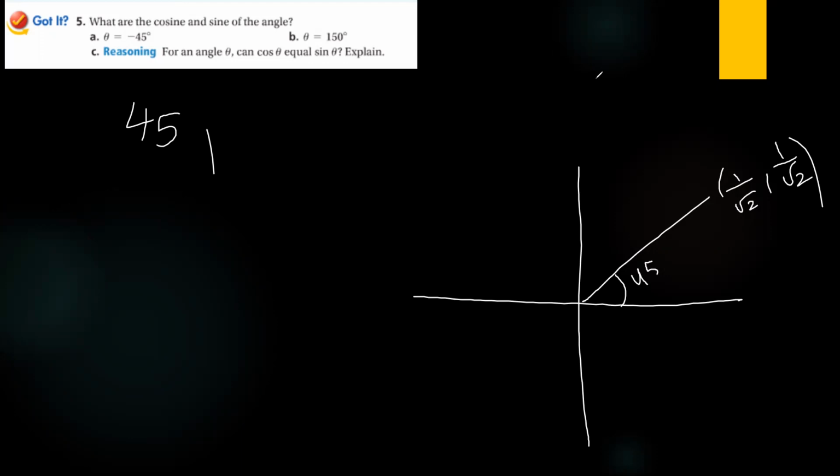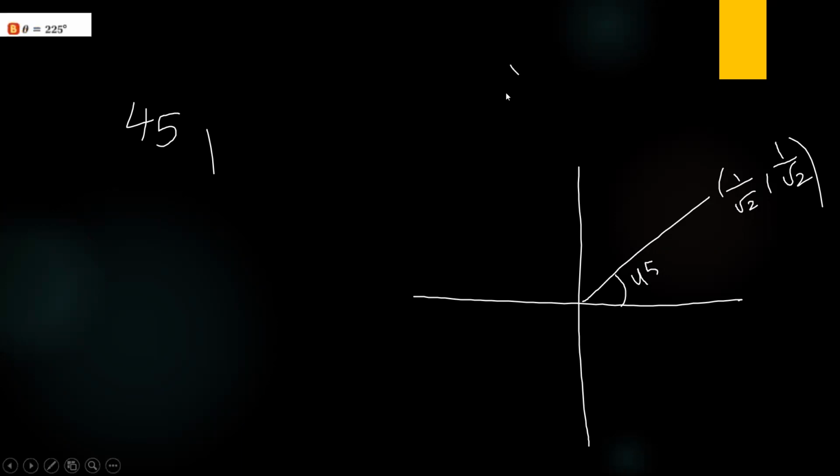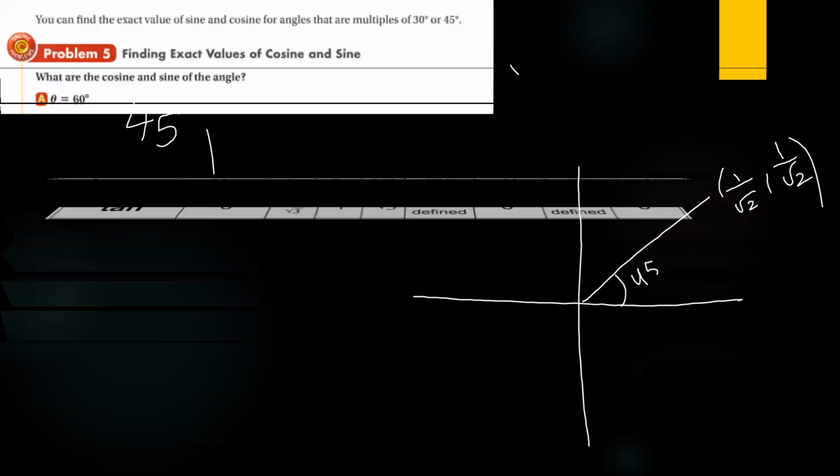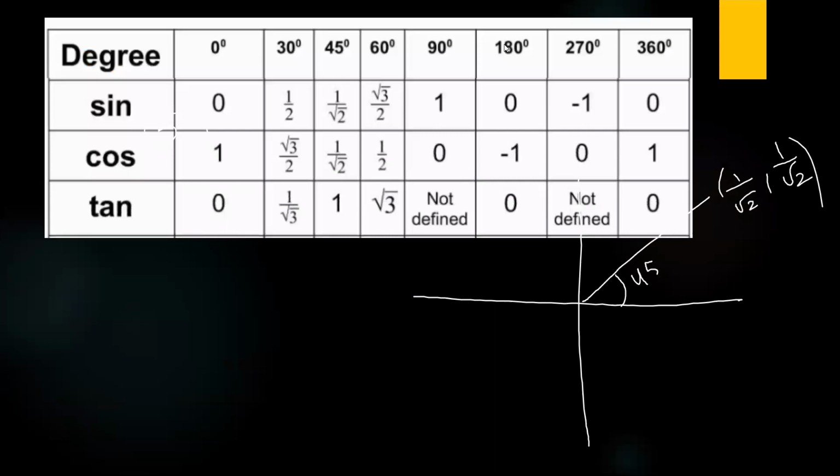We know from the table, if you come back to the table here, the angle of 45, as you see, its sine is the same as its cosine.